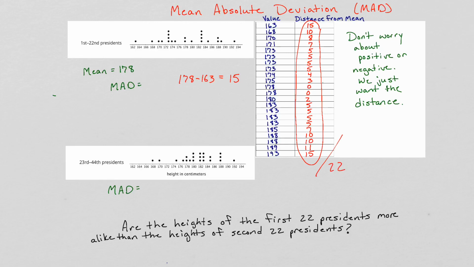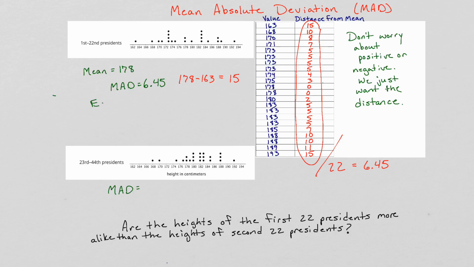You can do that on your own, but when you do that, you get that the mean absolute deviation is 6.45. And what that means is, on average, each piece of data is 6.45 centimeters away from the mean.